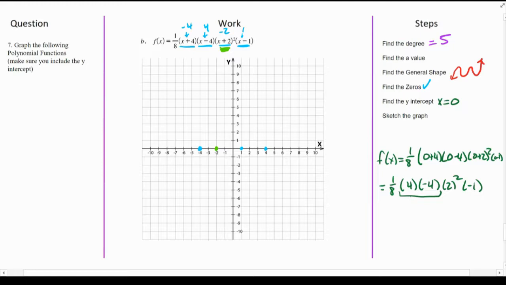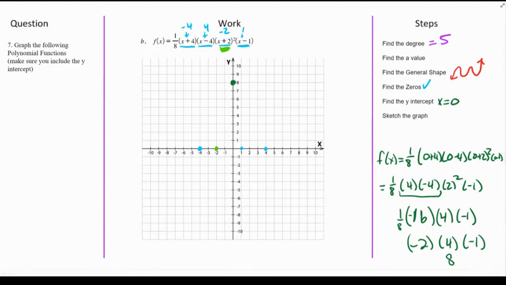Simplifying again, I'm going to do 4 times -4, which is -16. 2 squared, which is 4, times -1. 1/8 times -16 is just going to be -2. -2 times 4 is -8. -8 times -1 is +8. So I know my y-intercept here is at +8.